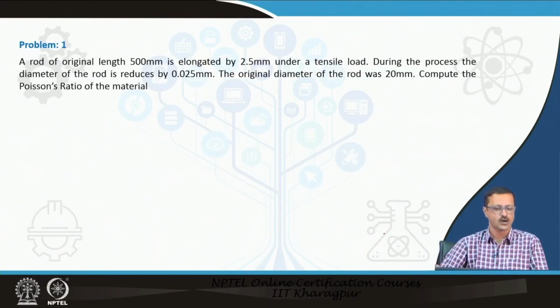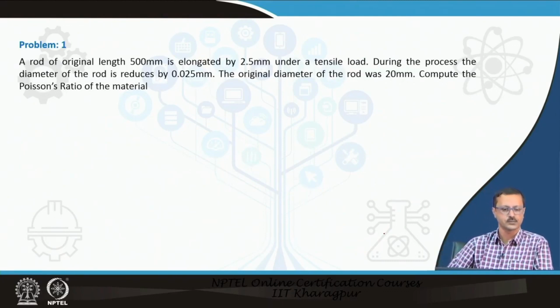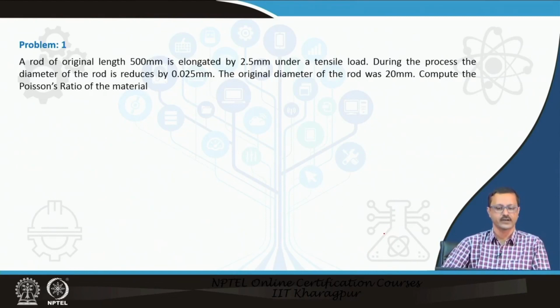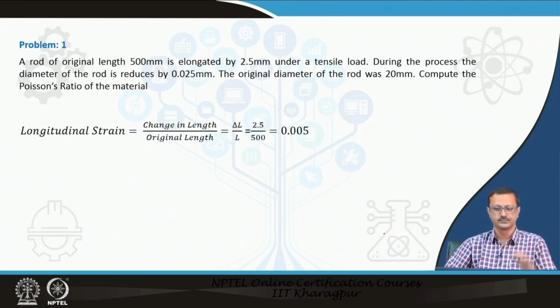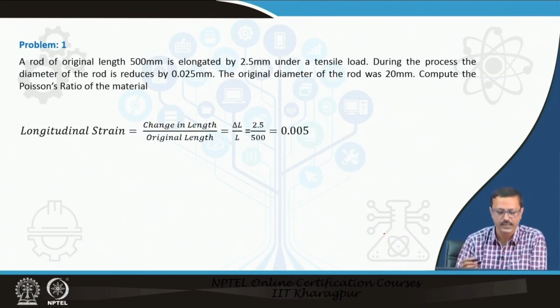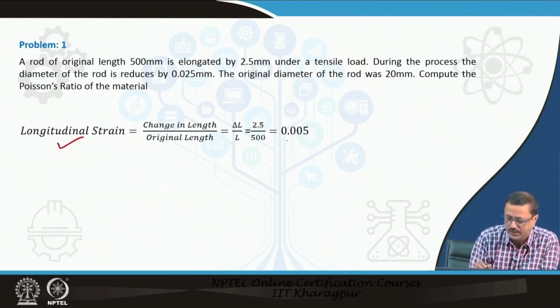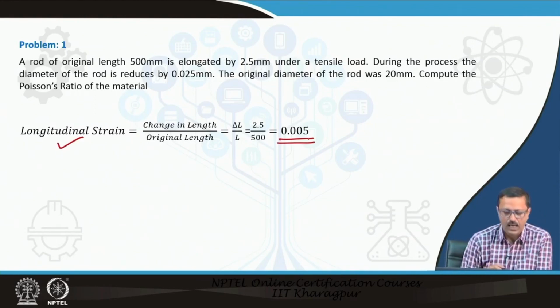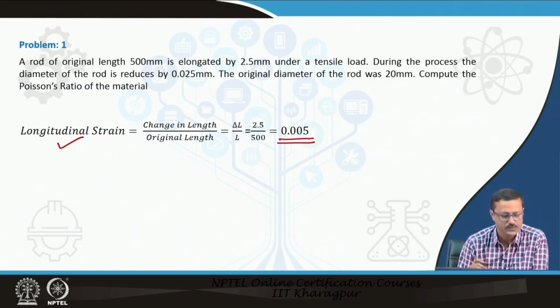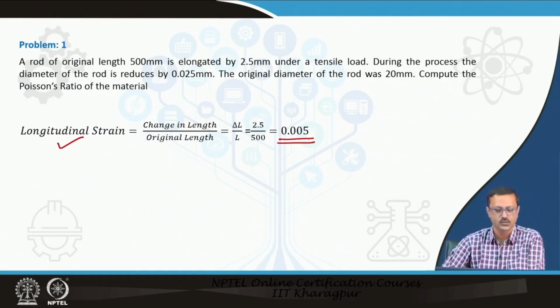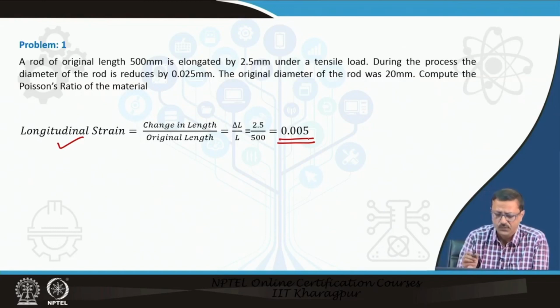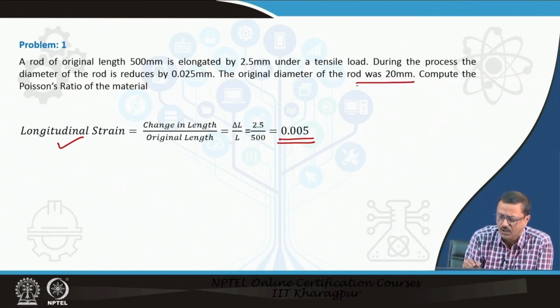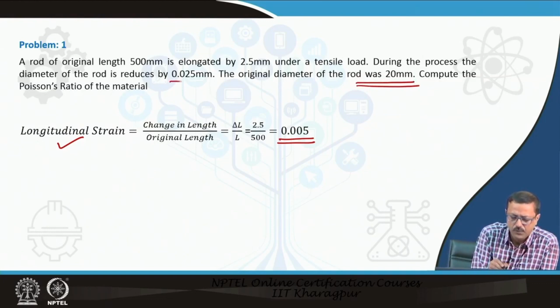Let us solve a small problem on that. Suppose there is a rod of original length 500 mm, and it is elongated by 2.5 mm under a tensile load. So we can directly find the longitudinal strain as 0.005. During this process the diameter of the rod, which was originally 20 mm, was reduced by 0.05 mm.